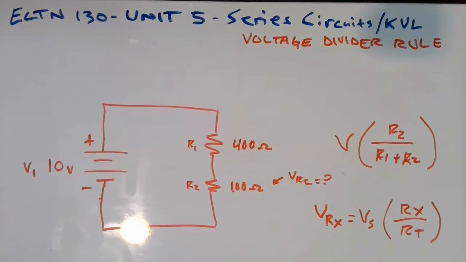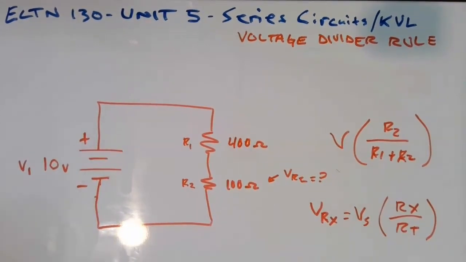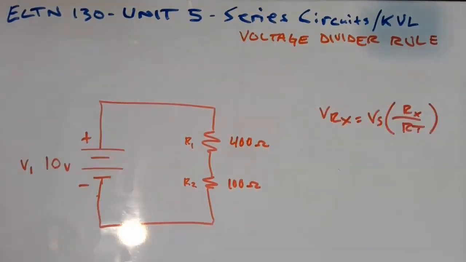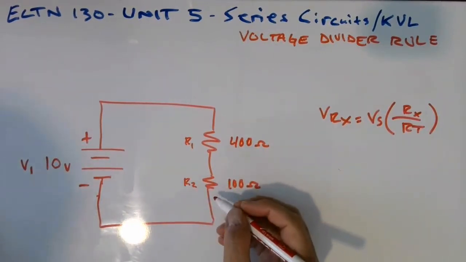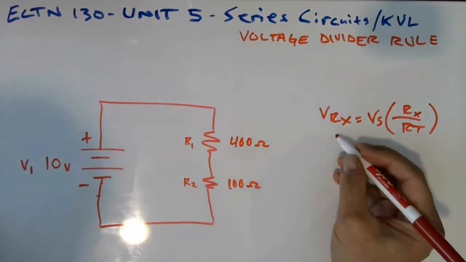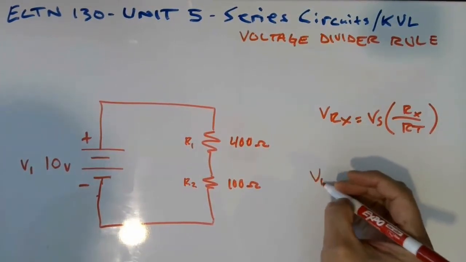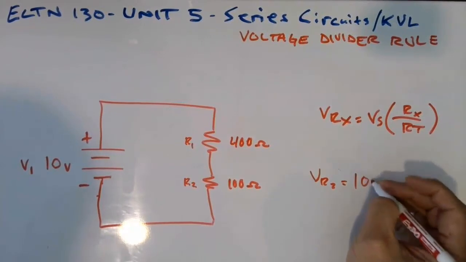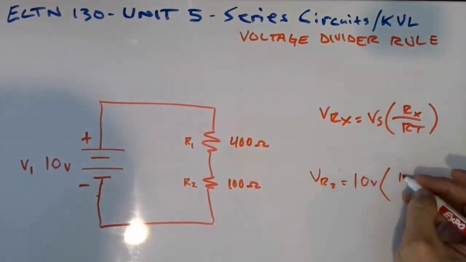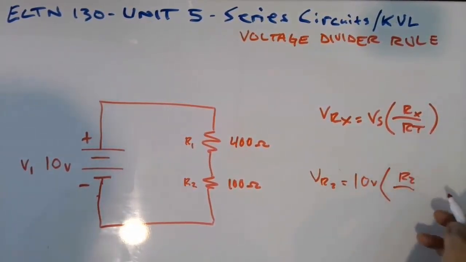So let's plug in some values here and see how this works out. Okay, so let's start with R2 here. We'll start with a lower value. And we're going to say the voltage on R2, by just substituting these values, equals 10 volts times R2 over what?